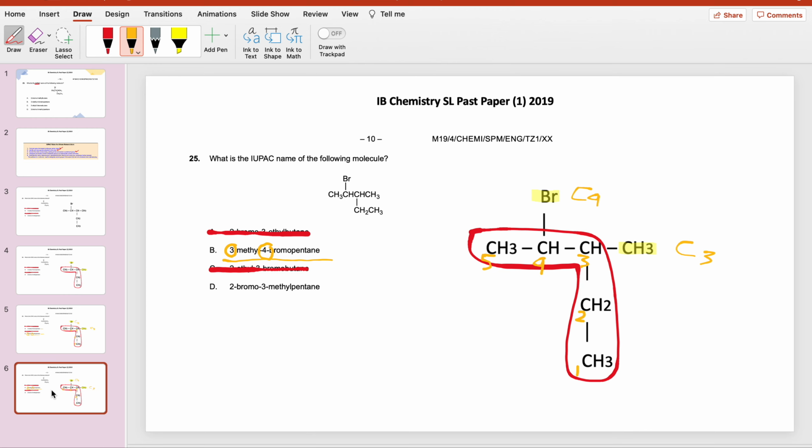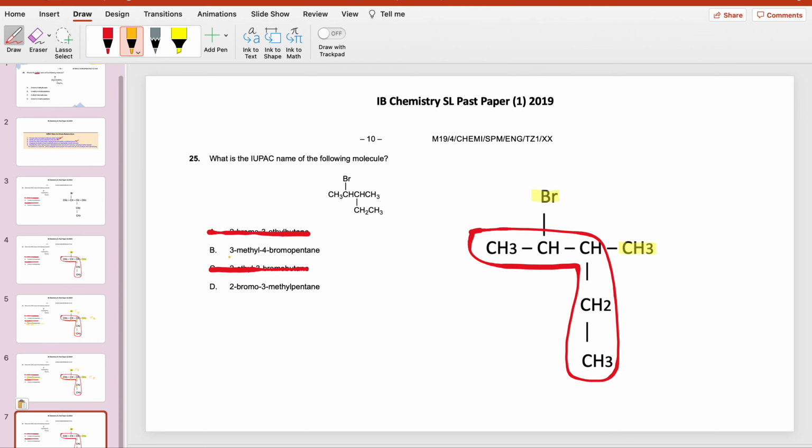Now, a rule of thumb you should always remember is that we want to name a molecule with the lowest sum possible, the lowest sum of numbers possible. So here we have 3-methyl and 4-bromo, so the sum of the positions is 7.